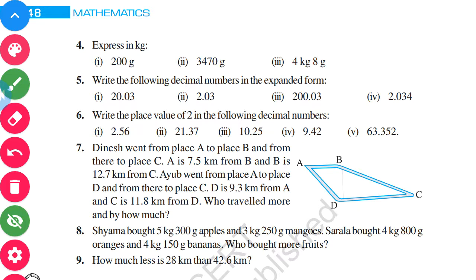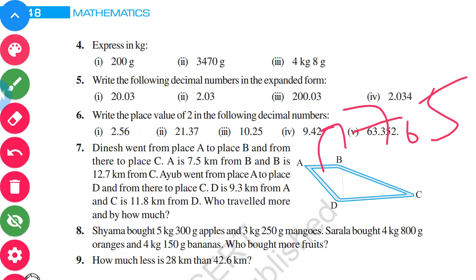We'll go quickly for the seventh one. Now Dinesh went from place A to place B and from there to place C. A is 7.5 kilometer from B. The measurement is given, you need to write here. So AB has a distance of 7.5 kilometer.